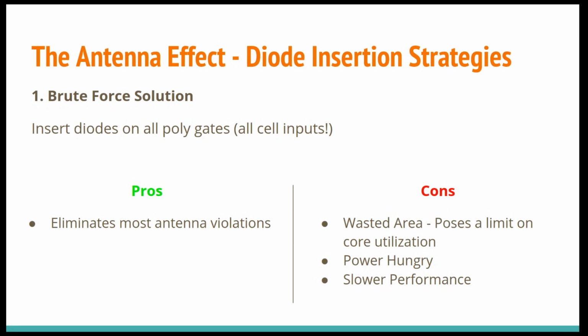The pro of this technique is that it eliminates most antenna violations, but the cons are also obvious: wasted area, posing a limit on the core utilization, and increasing the capacitive load on all nets, basically making the circuit power hungry and much slower.